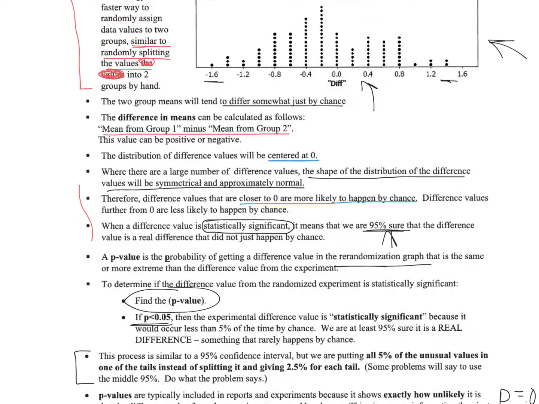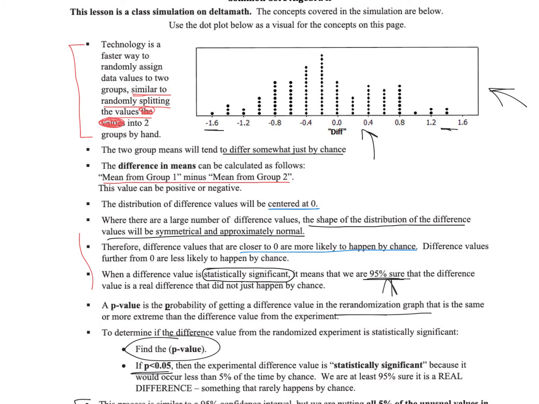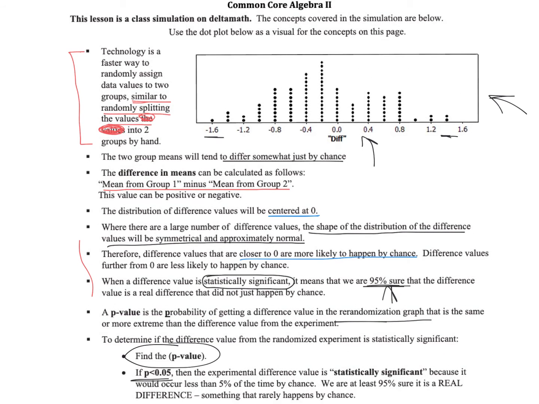So looking at our dot plot above, when I'm at negative 0.8, we are saying how many values are at negative 0.8 or more extreme. The negative 0.8 is on the left side, so I'm going to count up these dots. If I counted up those dots, there are 20 of them.